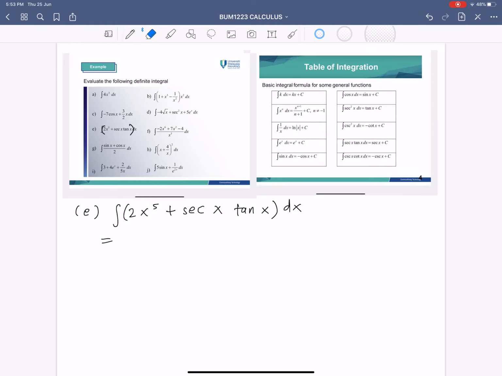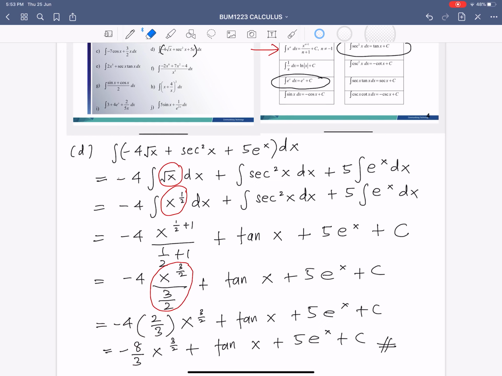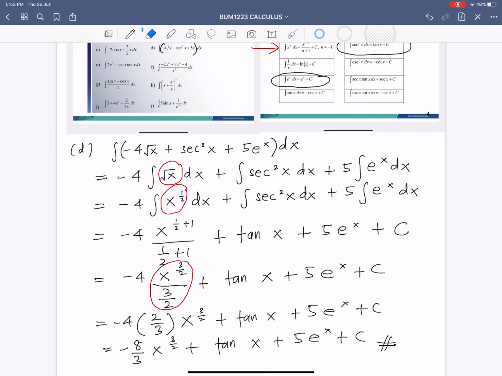Oh, I forgot to mention just now, sorry, I go back to our previous example. If you are good enough, you can jump your solution from here straight away to here.